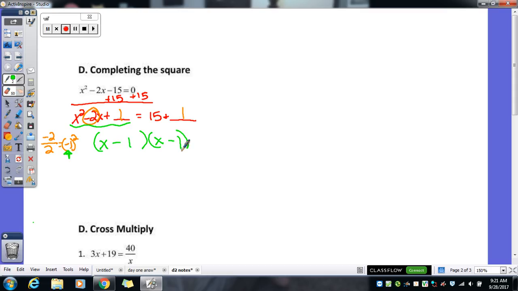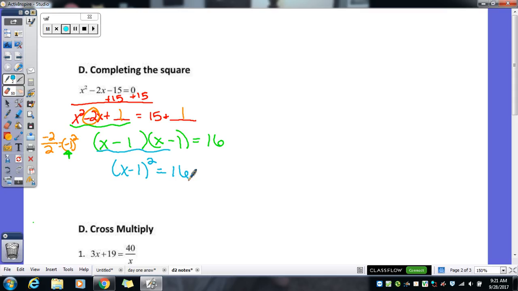So those would just both be x minus 1, x minus 1. It's the way it always works in completing the square. That's going to equal 16. So we want to rewrite this as x minus 1 squared equals 16.